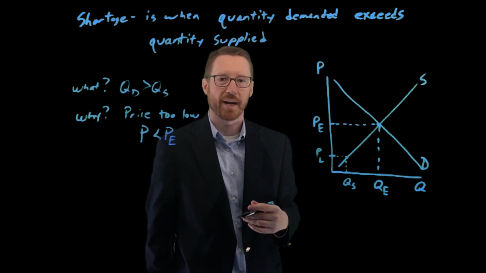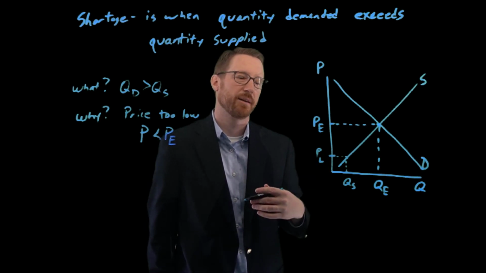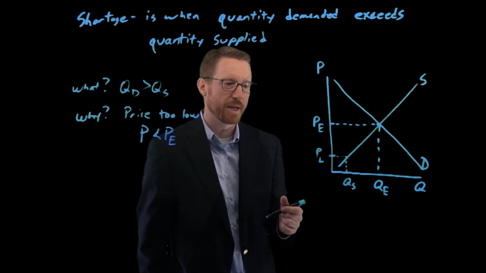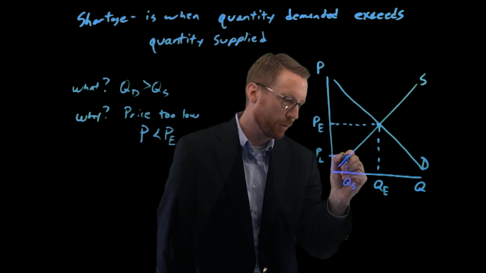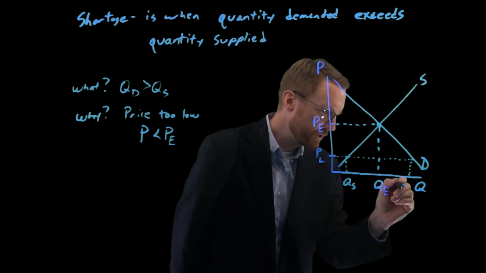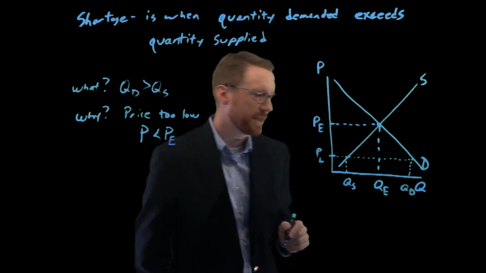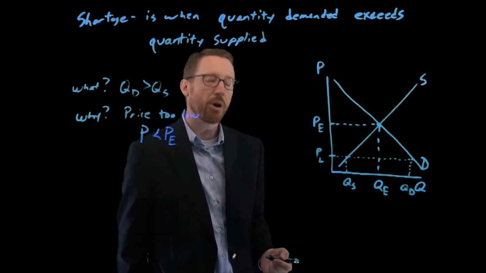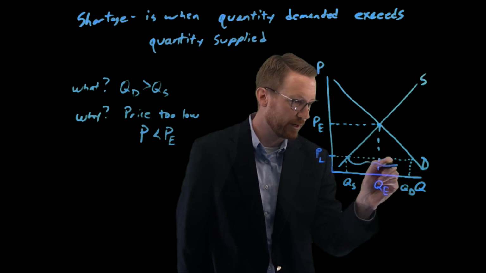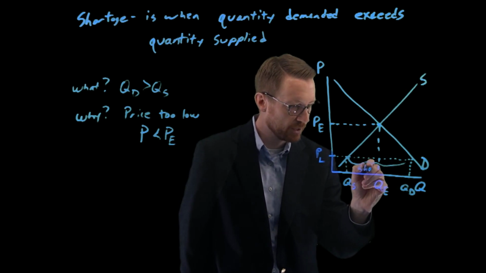These Black Friday sales are often limited in the number of televisions available, or whatever the ultra cheap item is. But at that low price, how many do buyers want to buy? The quantity demanded is a much larger number. So this difference between them is our shortage.